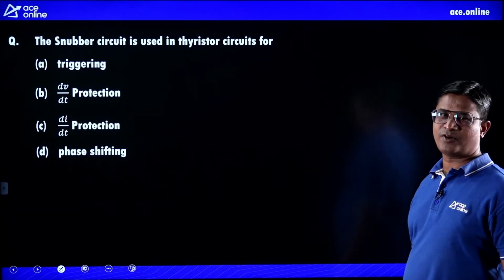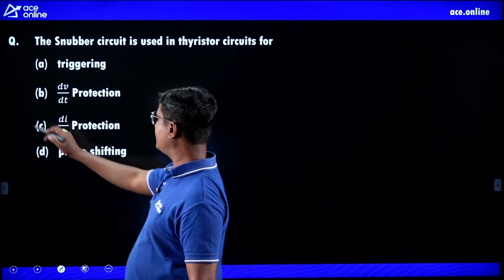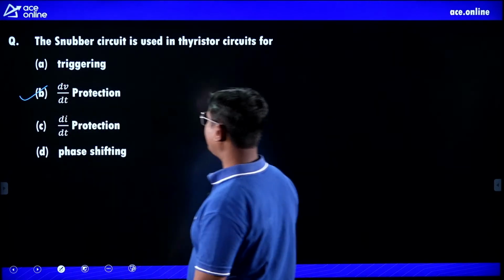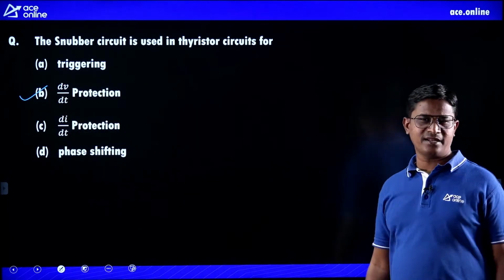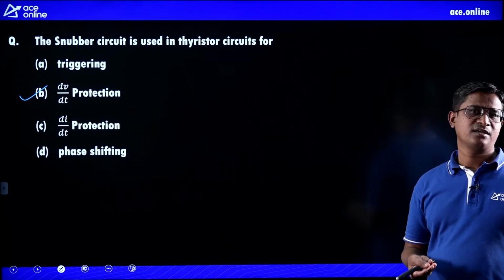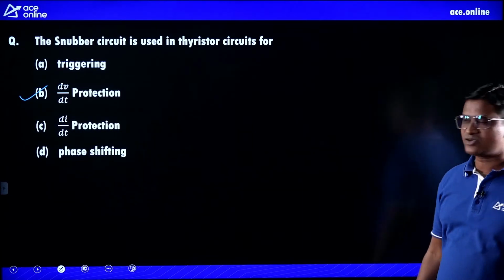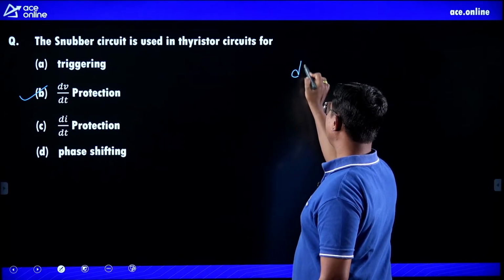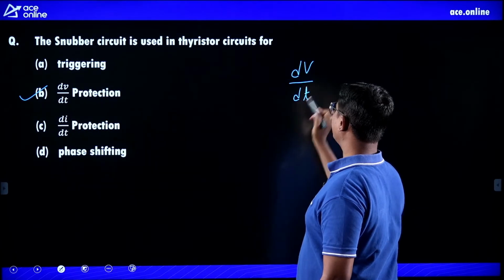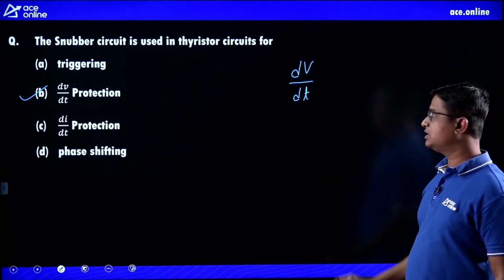The snubber circuit is used for dV/dt protection. A capacitor and a resistor are used. The capacitor is the element that opposes a sudden change in voltage. Please understand this: dV/dt means we are interested in opposing the rate of change of voltage with respect to time.